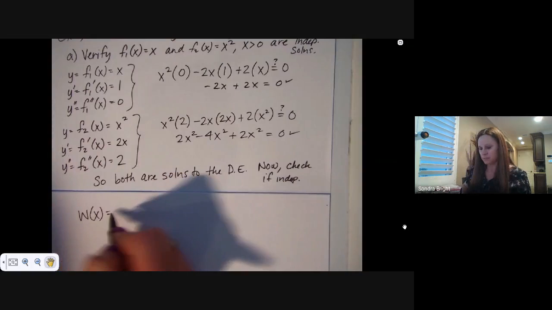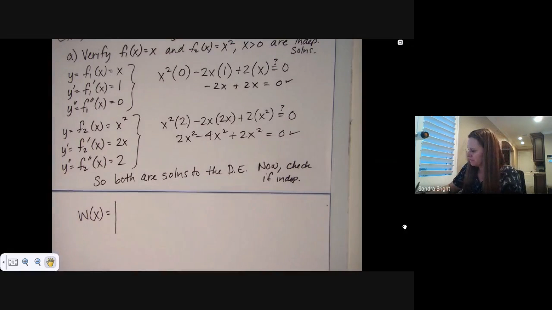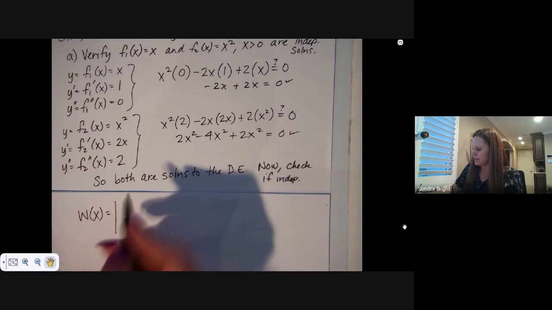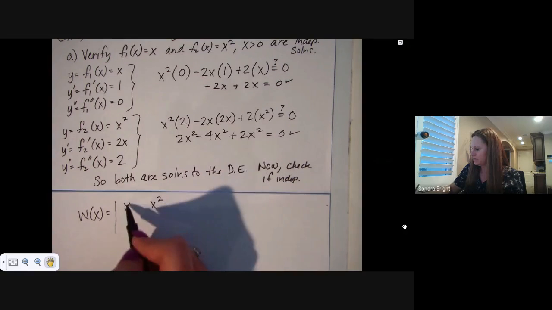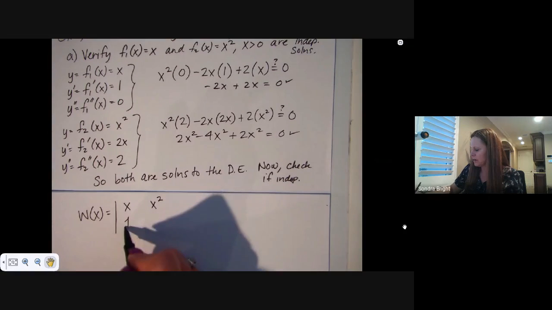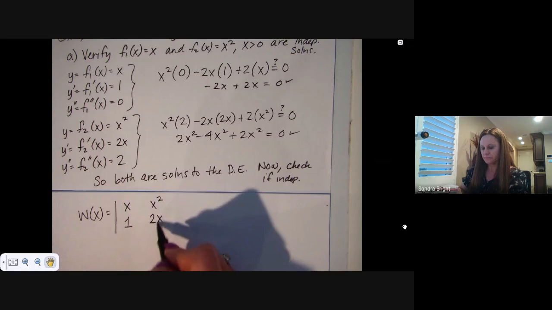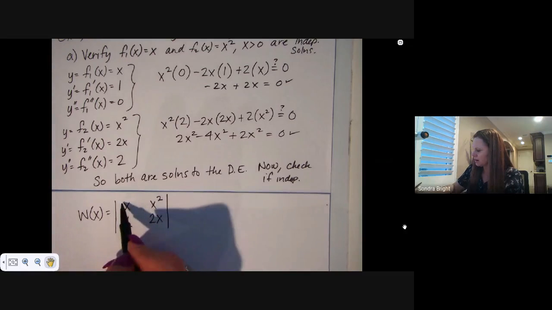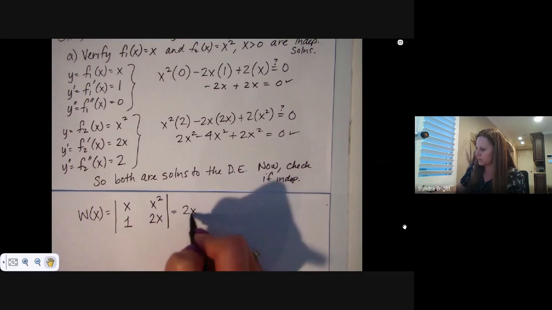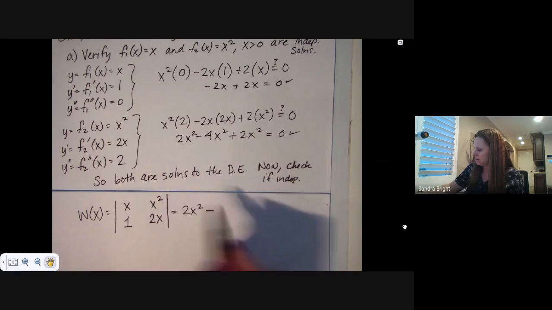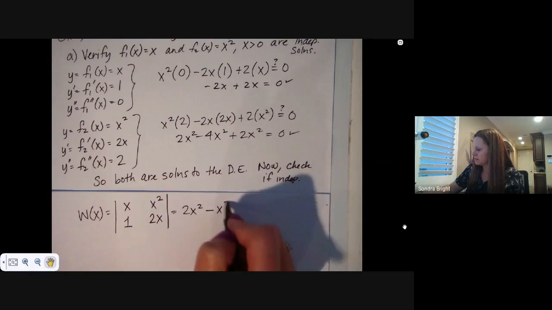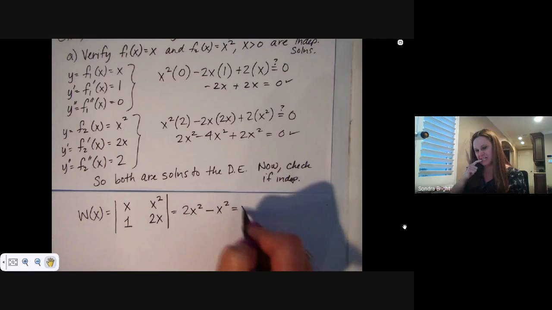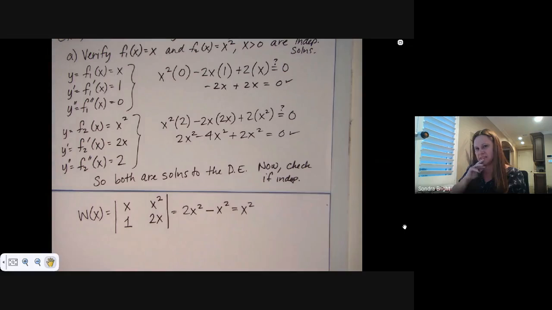I'm going to find the determinant of f1, which was x, and f2, which was x squared. Taking the first derivative would give me a 1. First derivative of this guy will give me a 2x. Now, the determinant will be x times 2x, which is 2x squared, minus x squared times 1, and that gives me x squared. Is that not equal to 0?